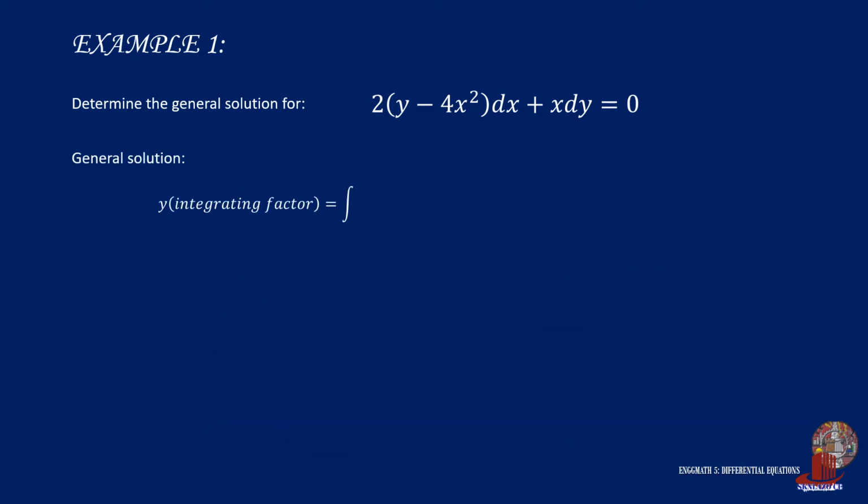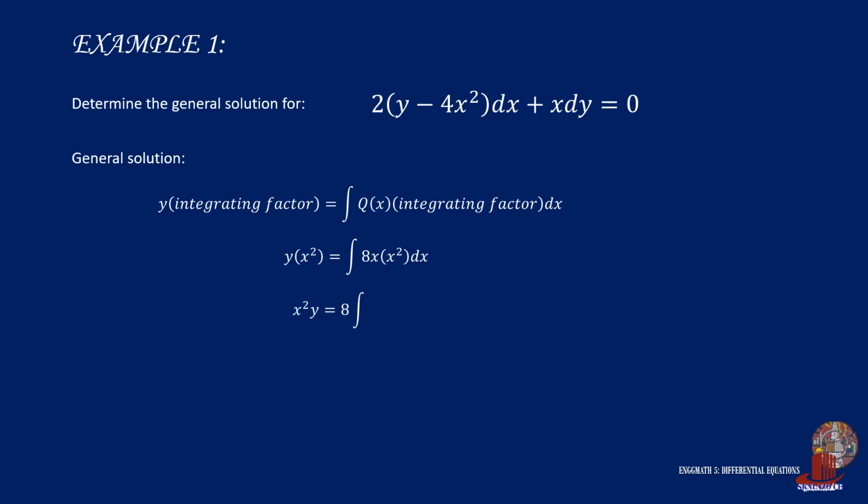The general solution is y times the integrating factor is equal to the integral of q of x times the integrating factor times dx. So y is multiplied with x squared, and this is equal to the integral of 8x times x squared dx.